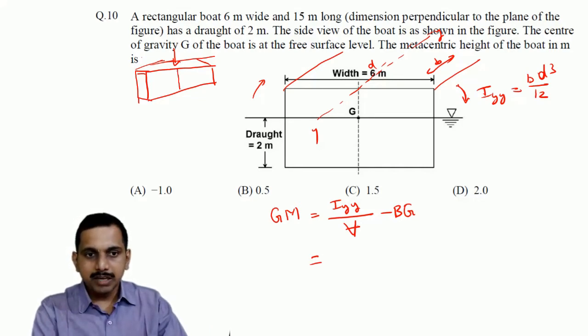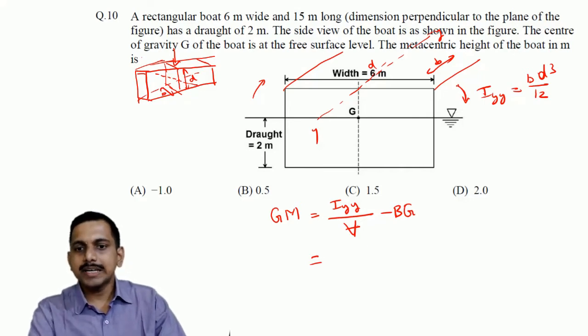We take it with respect to this, right? In columns in solid mechanics you might have seen that. But what is that axis about which you take the moment of inertia? You take the moment of inertia about this axis, correct? So about this axis, this is D, and this is B.